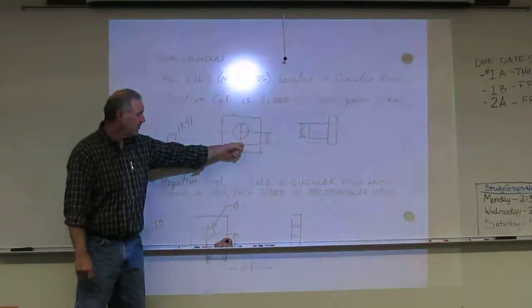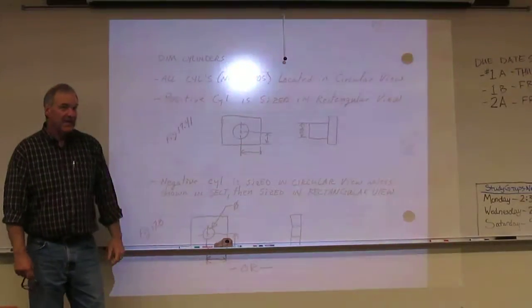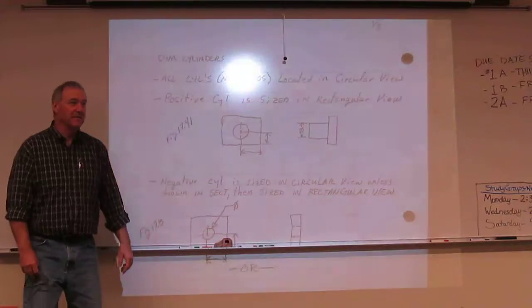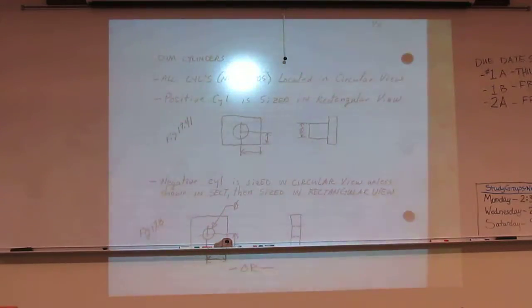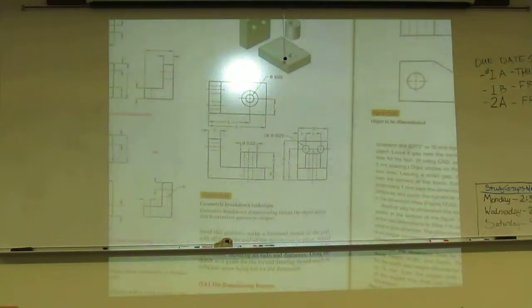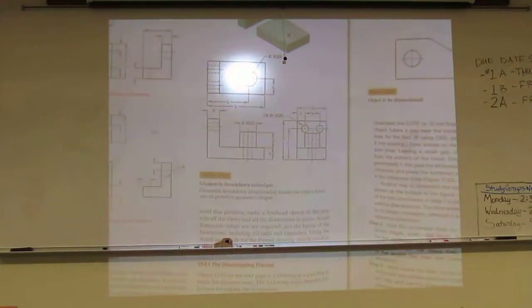And I threw this quick example out here. It's much more accurate and better line quality in the text, but just kidding. Figure 17.41 kind of shows you that also. So when you're looking at this object, this one has both positives and negatives on it.